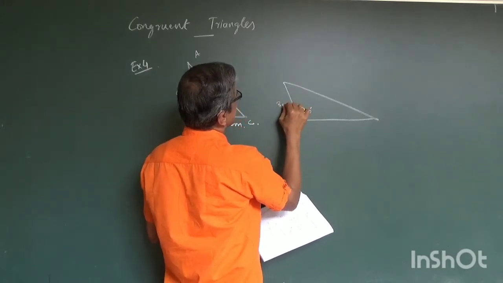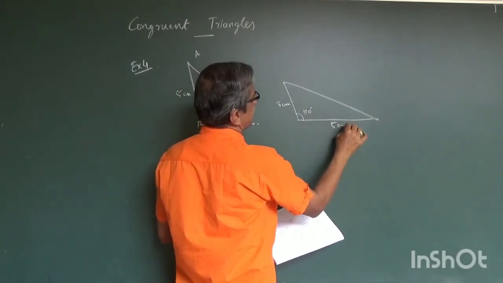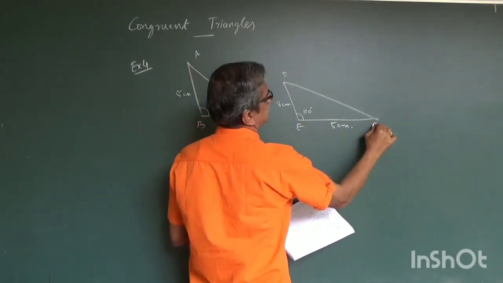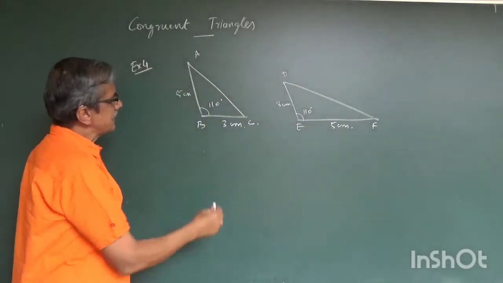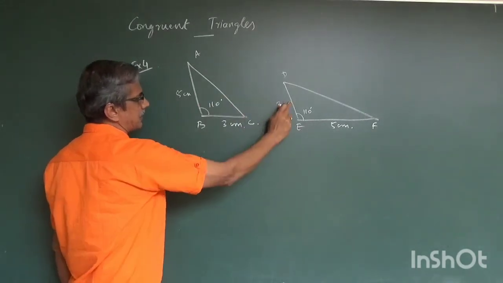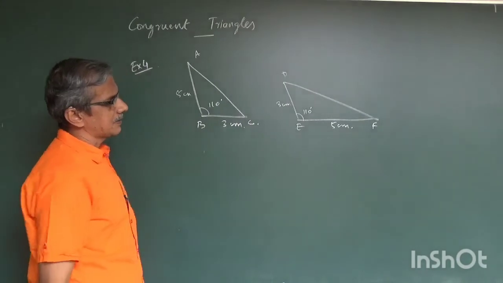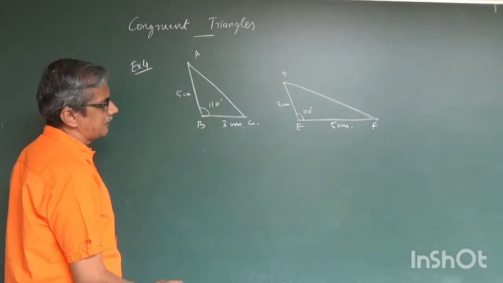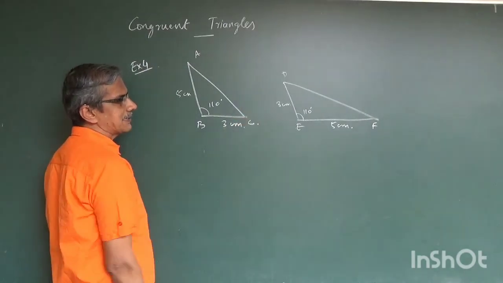This is 3 centimeter and this is 5 centimeter. This is DEF. So you can see that again these two sides are equal, and the included angles in between are equal. Therefore they are congruent by side angle side. So orientation is different, but it doesn't matter.